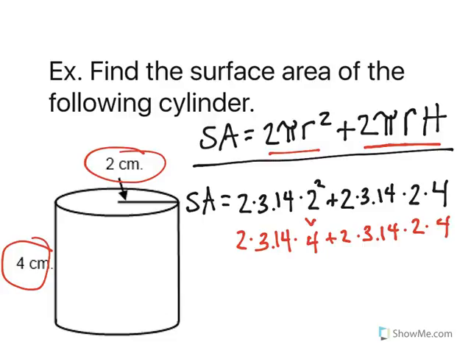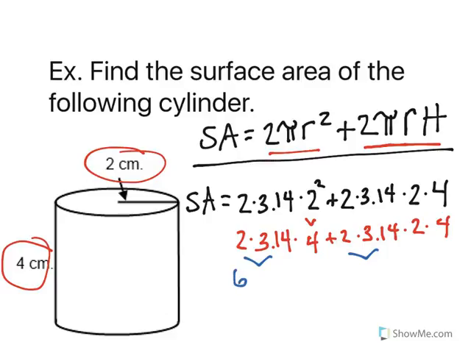Okay. So I'm going to do these next because these are actually the same thing here. And you can definitely use a calculator on this. So if I take 2 times 3.14, I'm going to get 6.28.